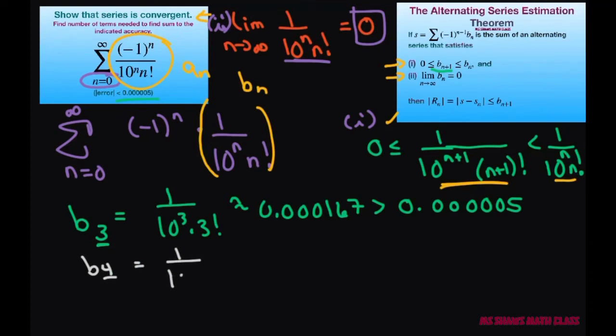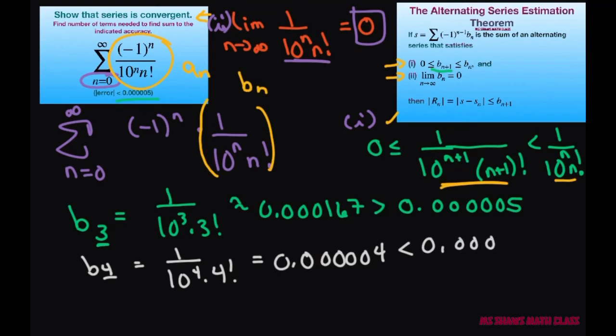Now let's look at b sub 4. That's going to be 1 divided by 10 to the 4th power times 4 factorial, sorry. Now that is going to equal 0.000004, which is less than 0.000005.